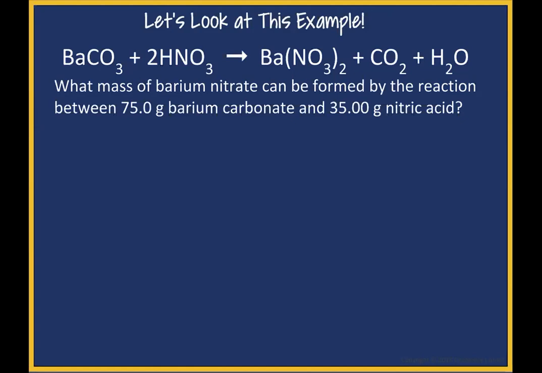Okay, we're looking to see the mass of barium nitrate, which is the product, what we can have in the end. What is the mass of that? So we're looking for grams, by the reaction between 75 grams of barium carbonate, so that's this BaCO3, and 35 grams of nitric acid, which is HNO3. So we don't have this, one of these we're going to have extra of.